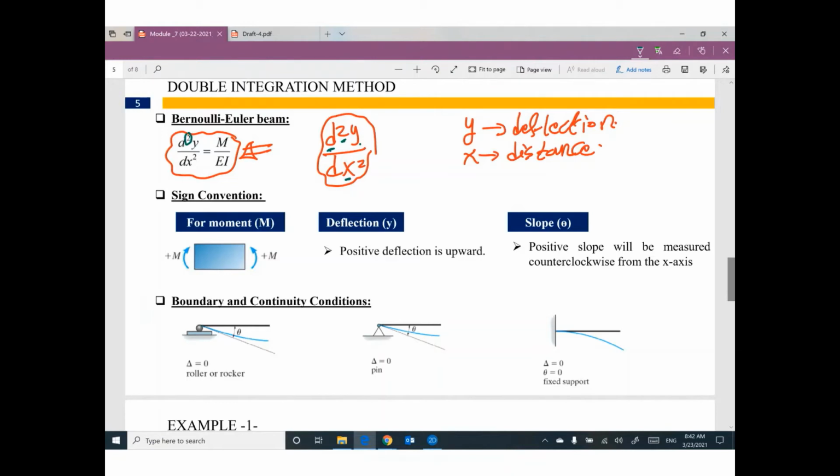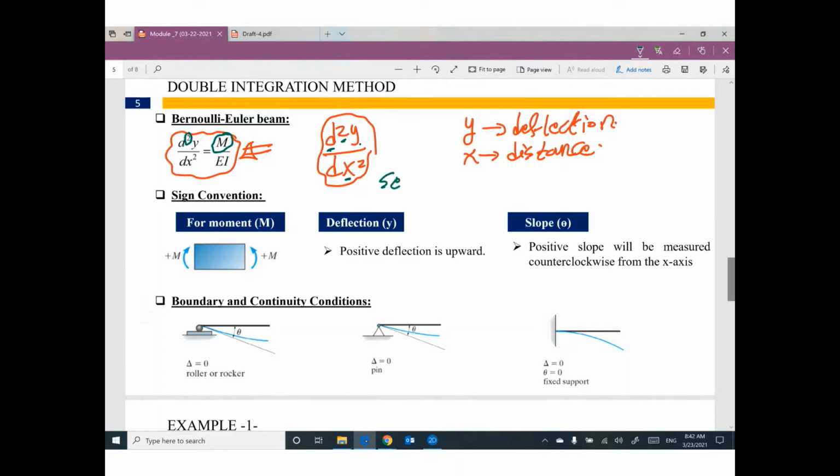Second derivative of y related to x equal moment. M means moment, divide EI. Any question?